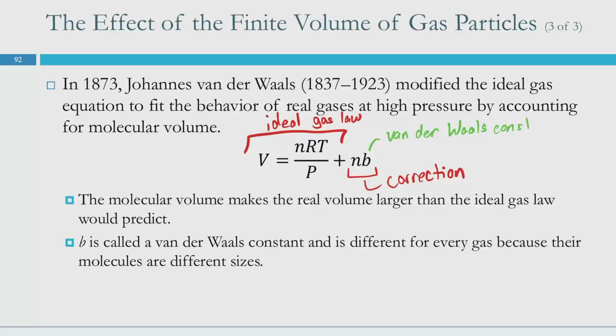And there's a different van der Waals constant for each gas because the particles of each gas are going to be slightly different in size. So normally if you're doing this, somebody has probably already calculated the van der Waals constant for the gas, or hypothesized about it at least. And so you would just look it up or get it from a table.